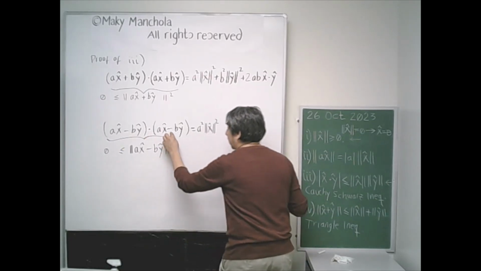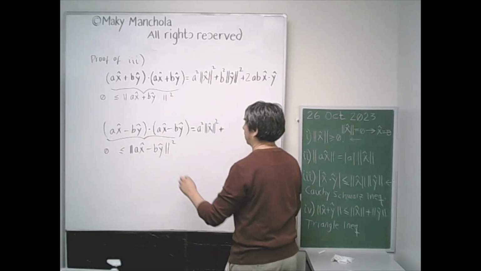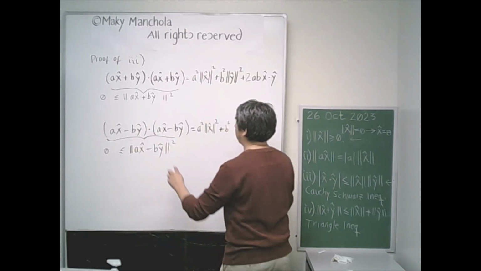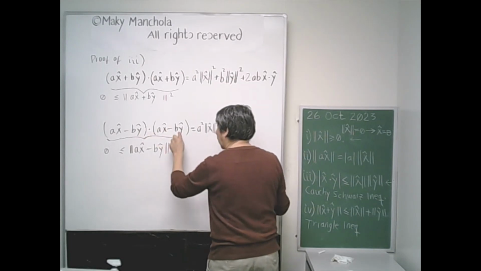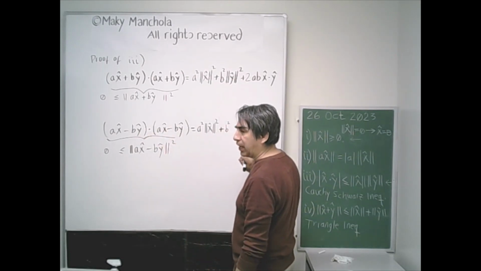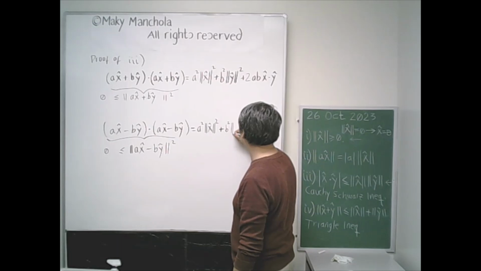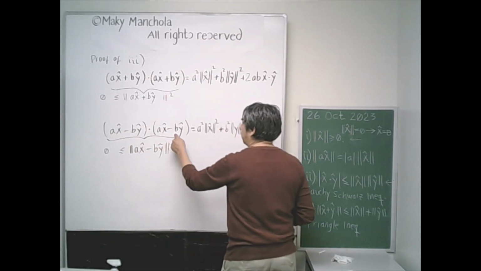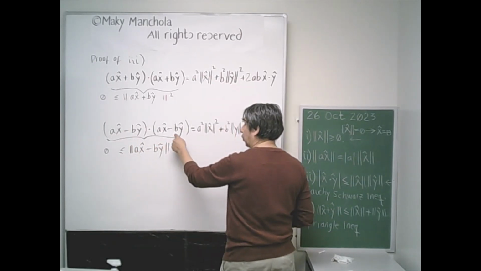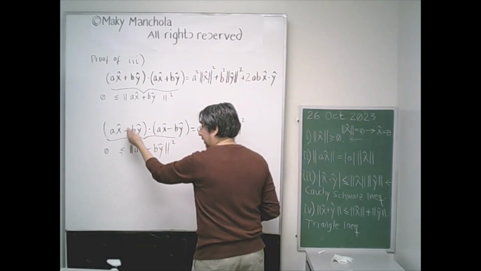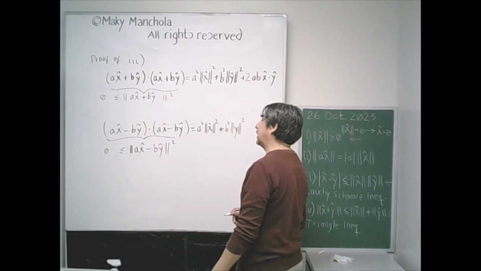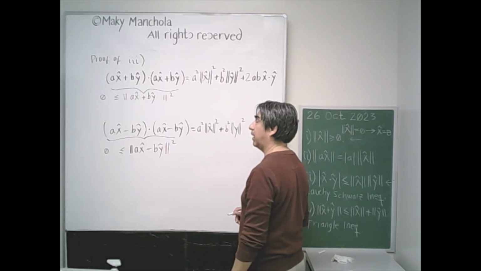So negative times negative is positive. B times B is B squared. And then y hat dot y hat is the norm of y hat squared. And then here I get minus AB x hat dot y hat. Again, the commutative property will apply, so that's also the same thing, minus AB x hat dot y hat.